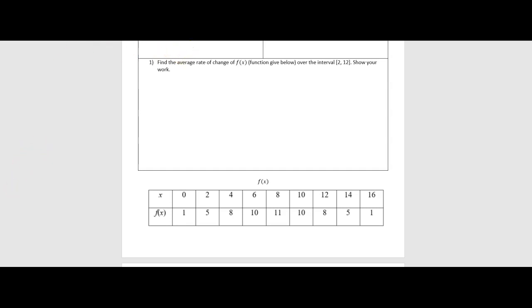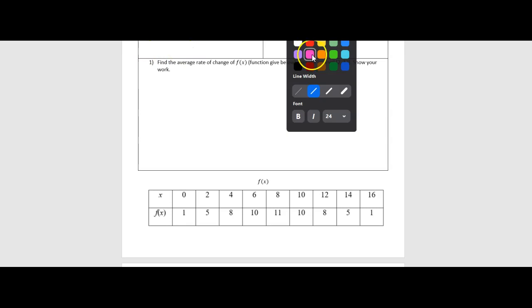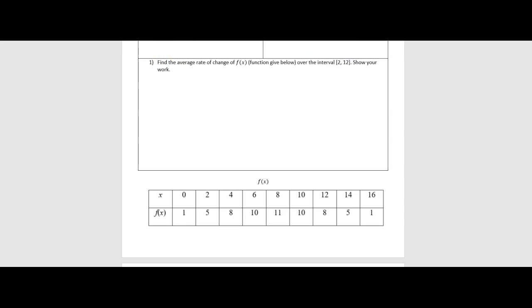All right, so again, average rate of change is going to be the slope of the secant line, which is going to be the difference quotient, or the slope formula, essentially. So we're going to have f of 12 minus f of 2 all over 12 minus 2. This is equal to the average rate of change.